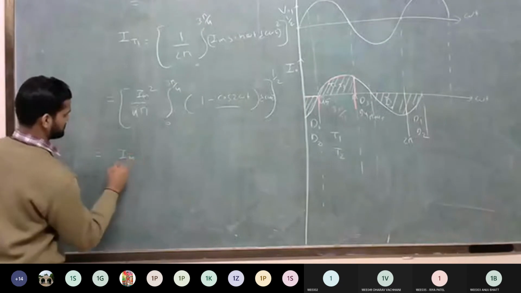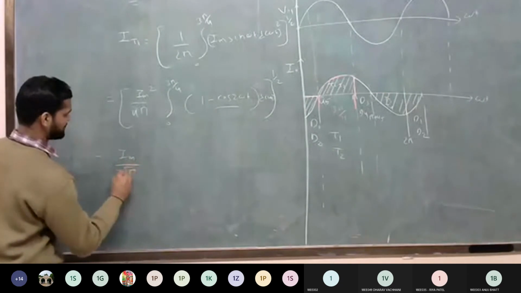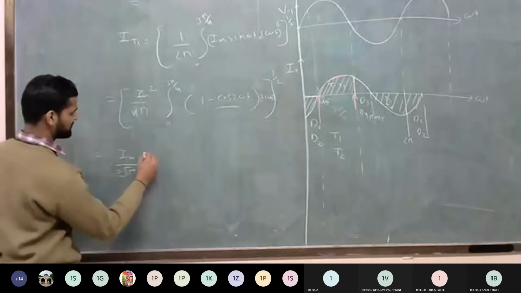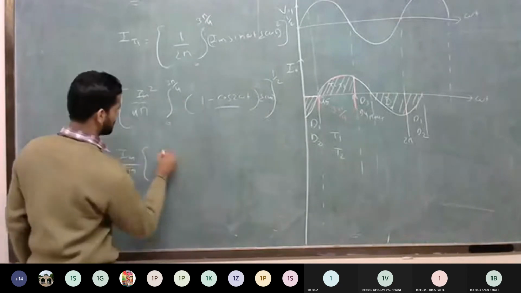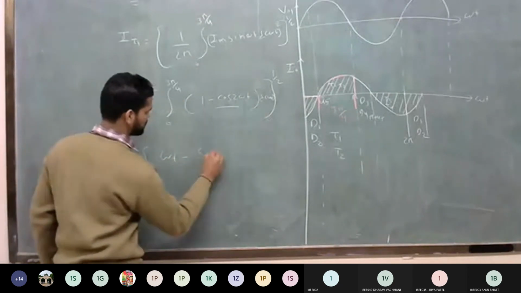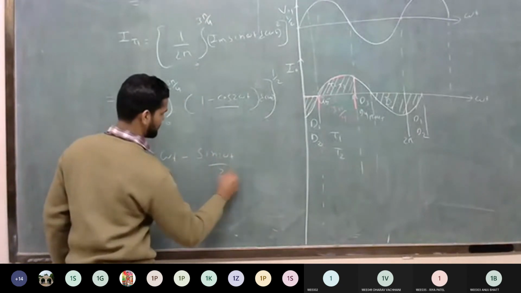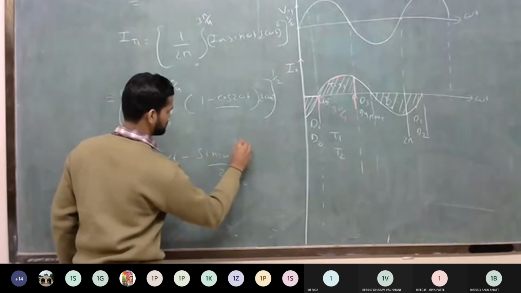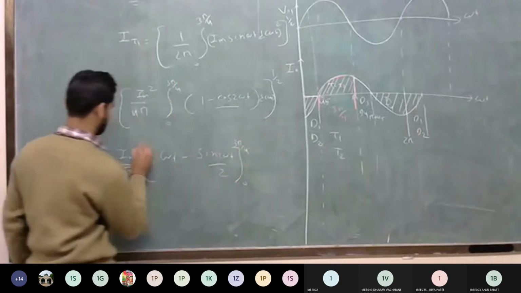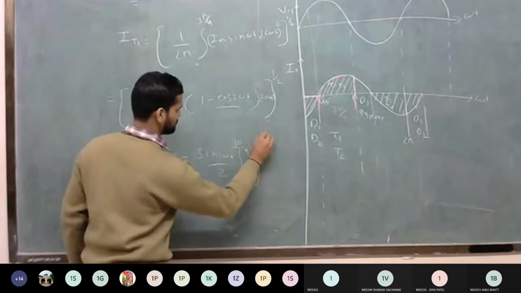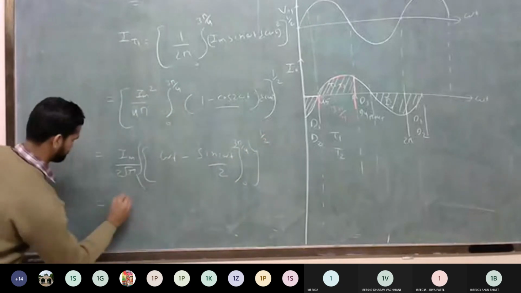Now this becomes Im by 2 square root of pi when it comes out of the square root, integration of omega t minus sin 2 omega t divided by 2 from 0 to 3 pi by 4, and this is raised to 1 by 2.